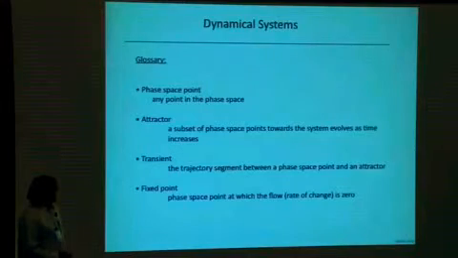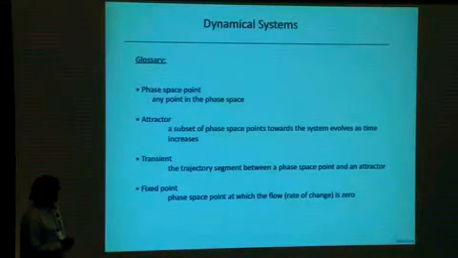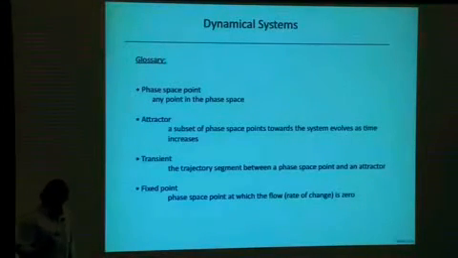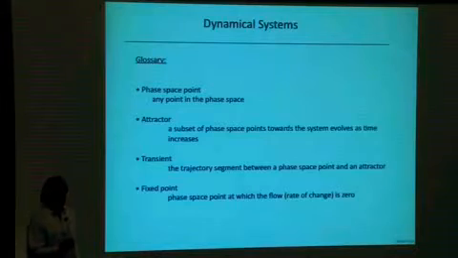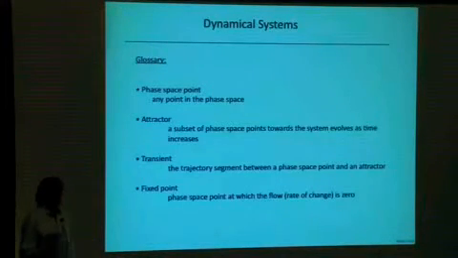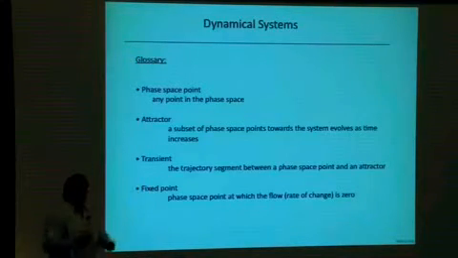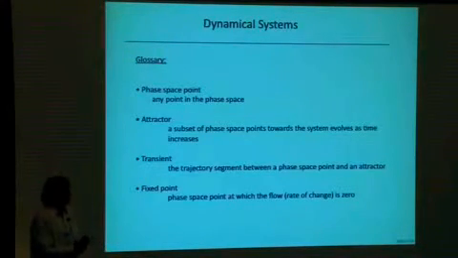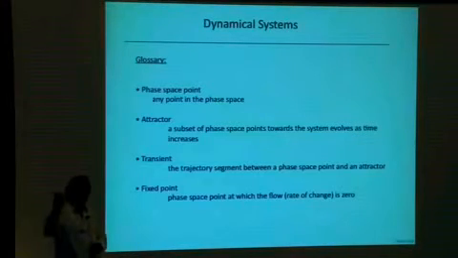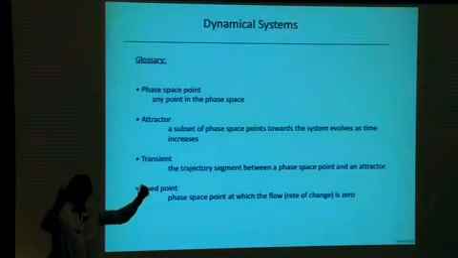A few definitions. A phase space point is any point in the state space. An attractor is a subset of phase space points towards which all trajectories move. So it's attractive. A transient is exactly the segment between the initial point and the attractor.